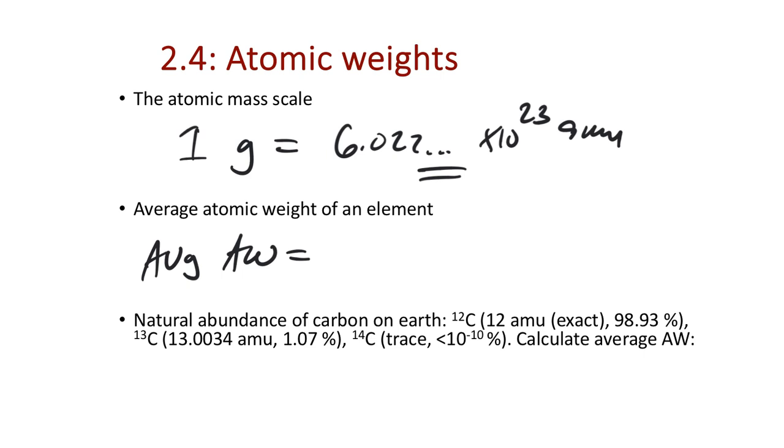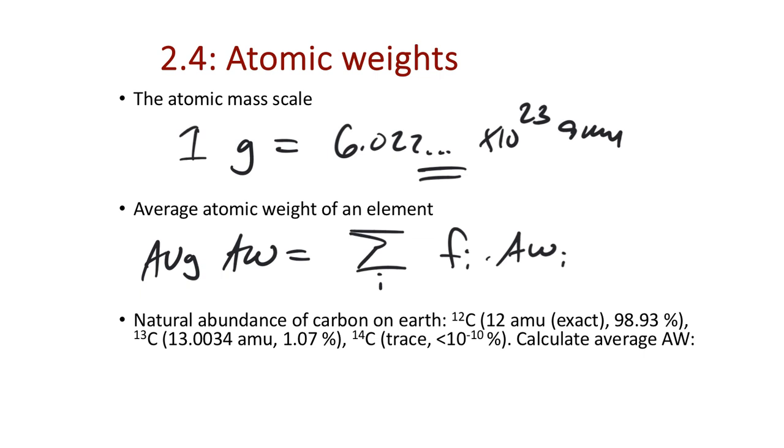So the average atomic weight of an element comes from a weighted sum. We get one of these fancy summation signs. We sum the fraction of a given isotope of an element times the atomic weight of that isotope, and we sum that over all isotopes. Let's think about this for a minute.